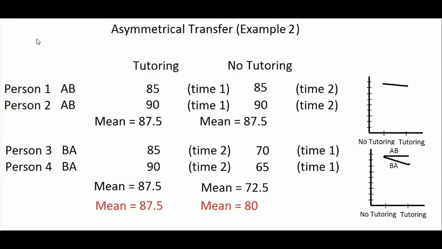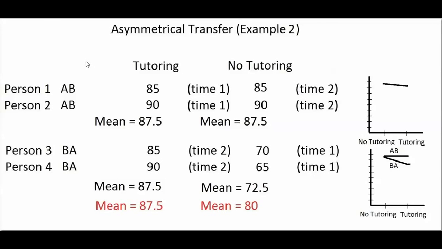In other words, a participant who is assigned to the A-B order will experience a lot of fatigue in condition B at time 2, but a participant who is assigned to the B-A order won't experience much fatigue in condition A at time 2.